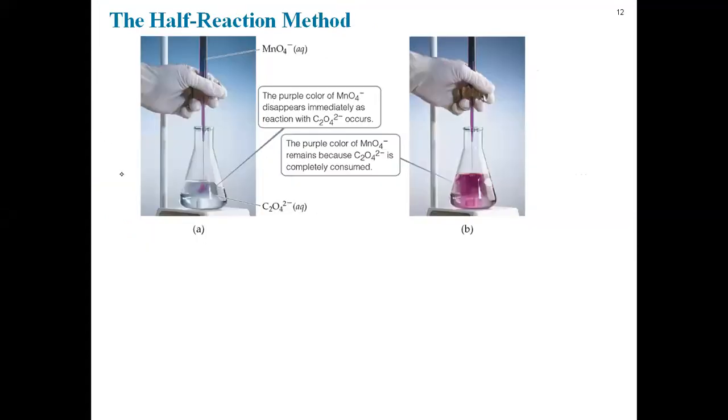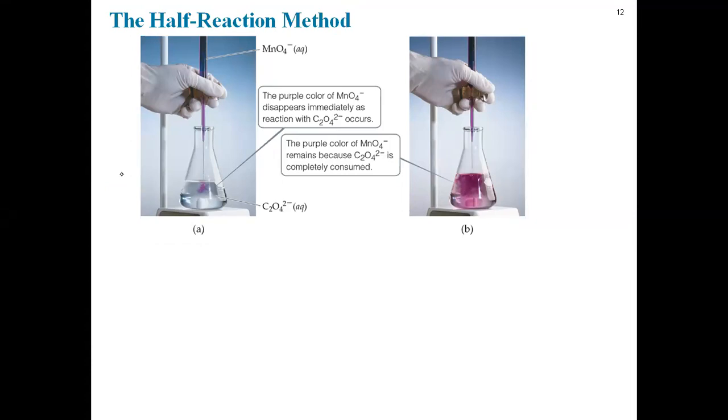So we will use one example to go through the process. This is an example of an oxidation reduction titration. We have MnO4 negative, which has a purple color, and the other reactant, C2O4 2 negative, which is colorless.